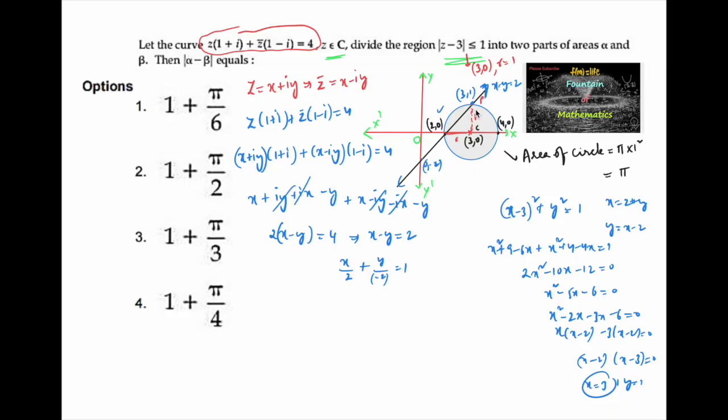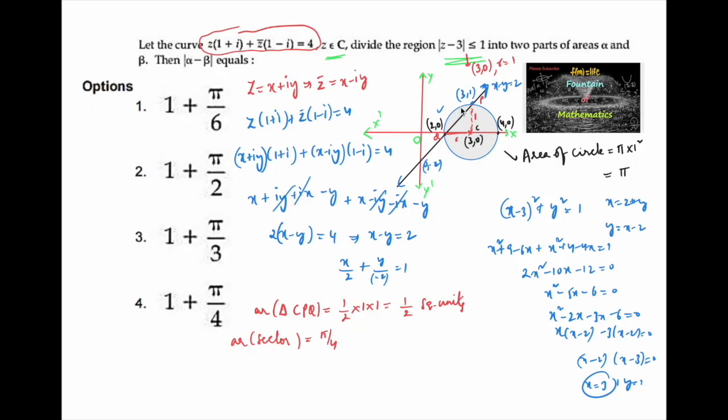So let us consider this is the point P, this is the point Q. Now area of triangle CPQ is equal to half into 1 into 1, that is half square units, and area of the sector is equal to 1/4 of it, that is pi by 4 for the smaller portion, and for the bigger portion it is 3 pi by 4.